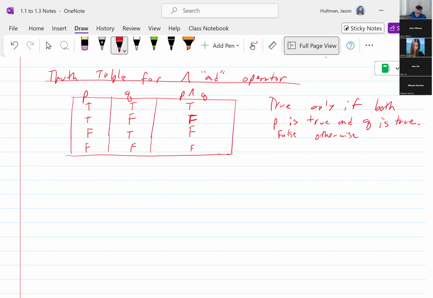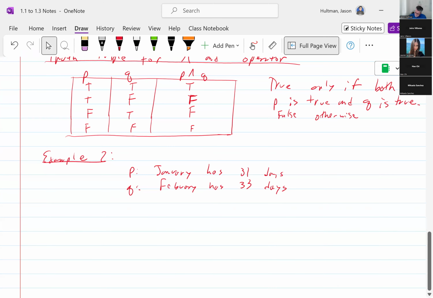Example. Okay, example 2. Okay, if P is that January has 31 days, and Q is that February has 33 days, then what is the truth value of P and Q?